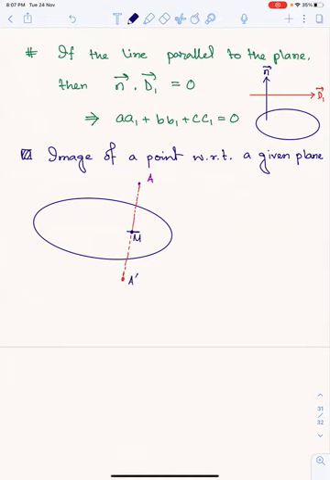Then only I can have this A dash. So if I can have M, which is the foot of the perpendicular drawn from A on the plane, we can also determine the image A dash.